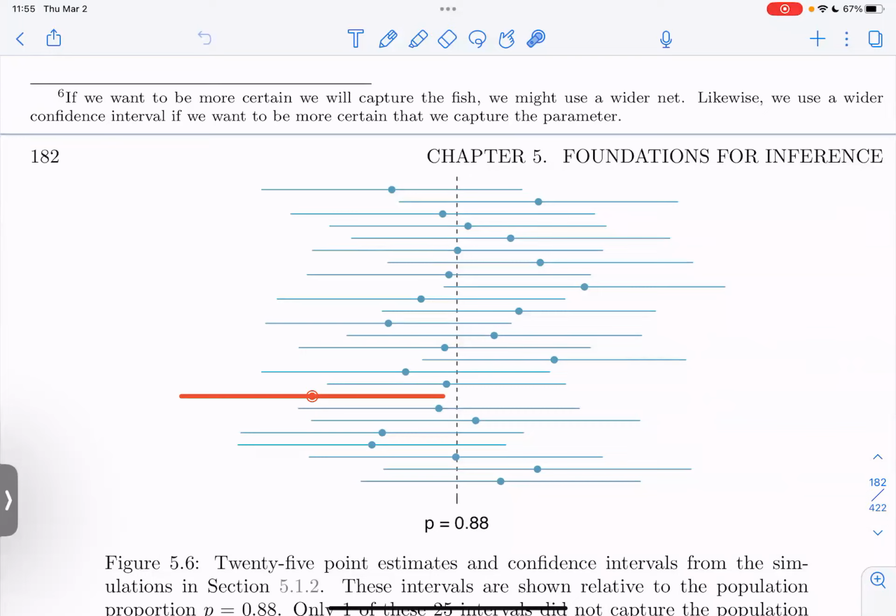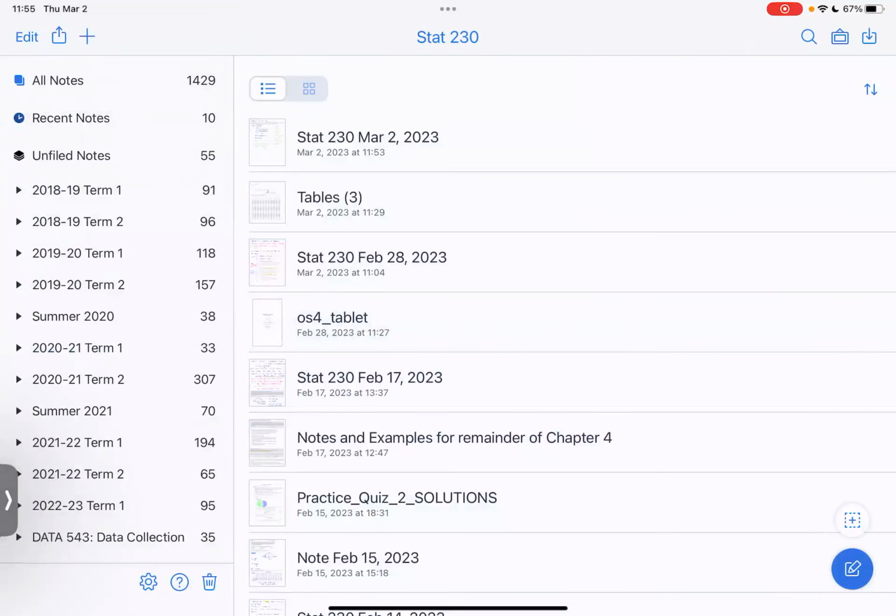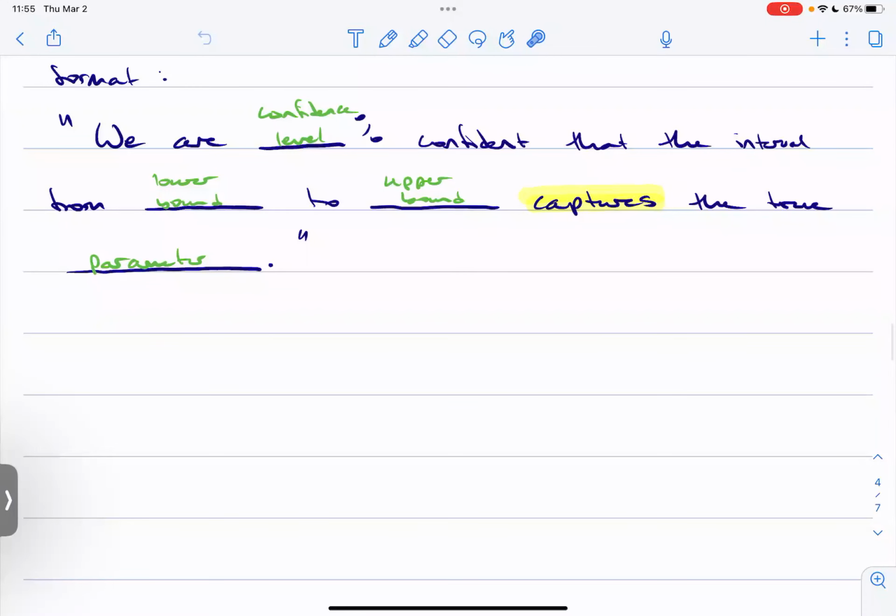You don't know if you have this sample or this sample or this sample, right? These are 25 different samples that they generated, and that's why you're only 95% confident. I'm not going to grab that. It's in your textbook though, so I just wanted to show you.